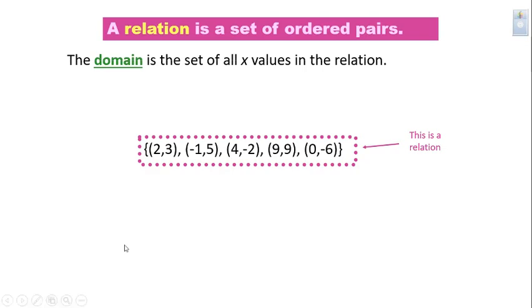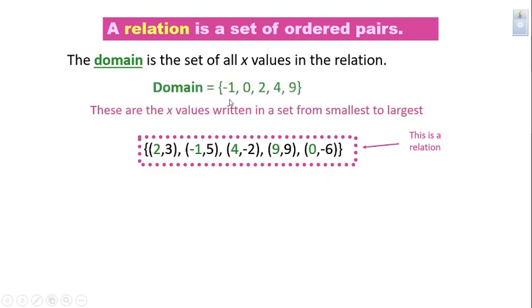So, for example, we have a set of ordered pairs here: (2, 3), (-1, 5), (4, -2), (9, 9), and (0, -6). The input values are the values listed first, the x values, which are 2, -1, 4, 9, and 0. We usually put the domain in numerical order.